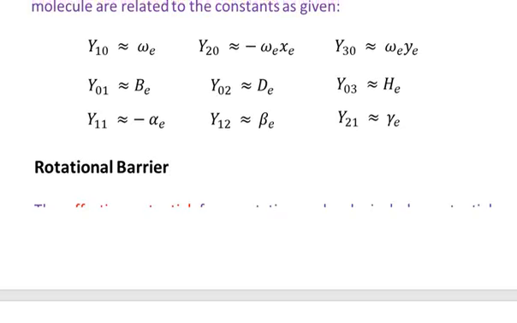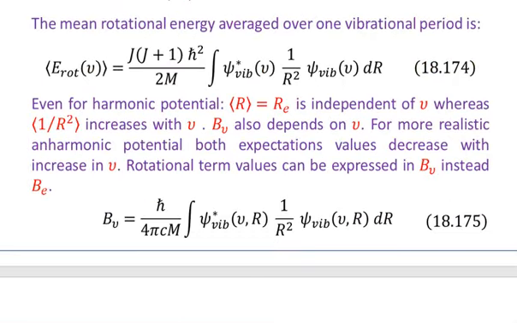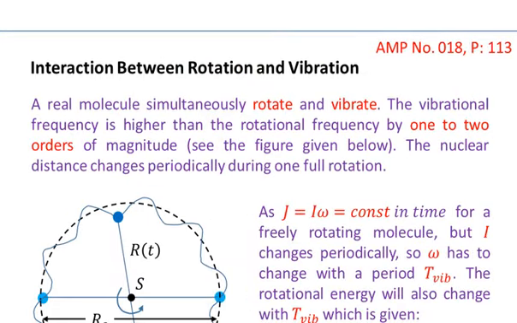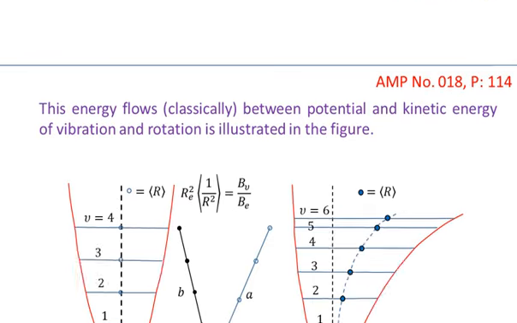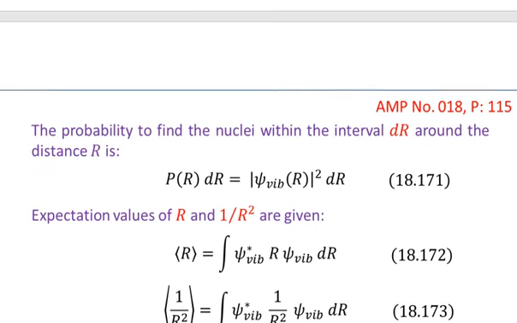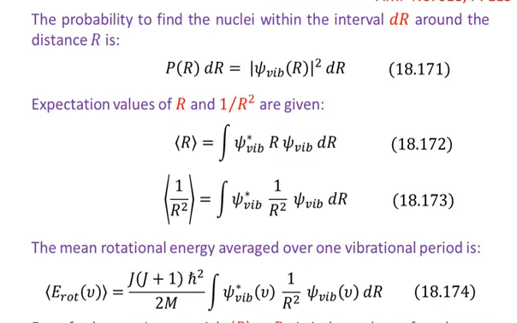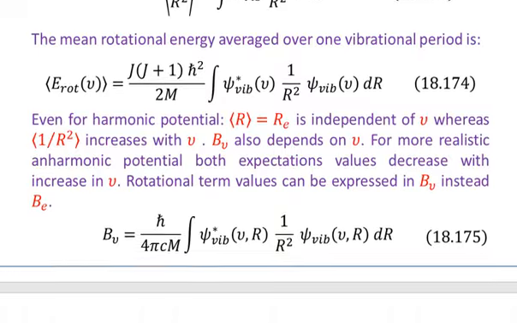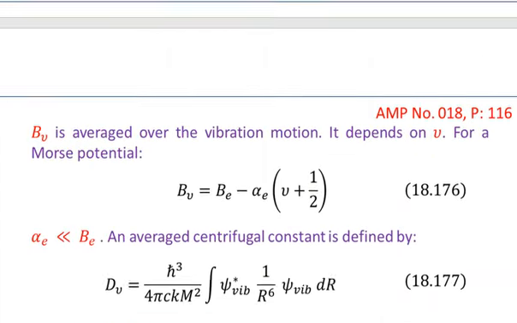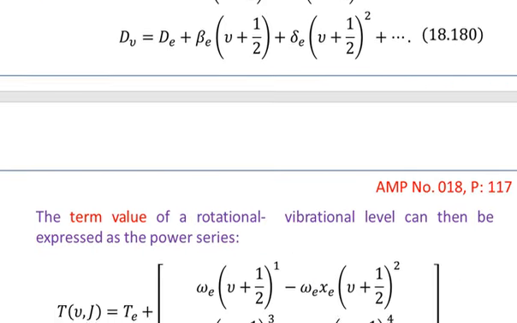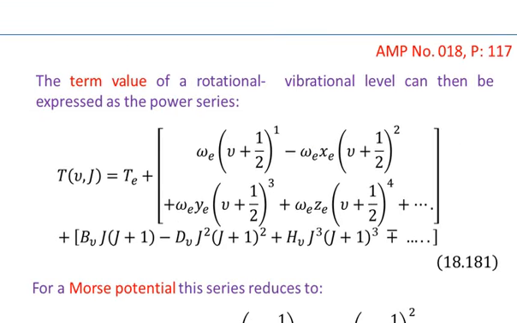So in this lecture, I have explained the interaction between rotation and vibration for harmonic and anharmonic potentials, for the Morse potentials, the average value of rotational kinetic energy, the average value of different constants, then the expansion of these constants, then the term value in terms of this value.